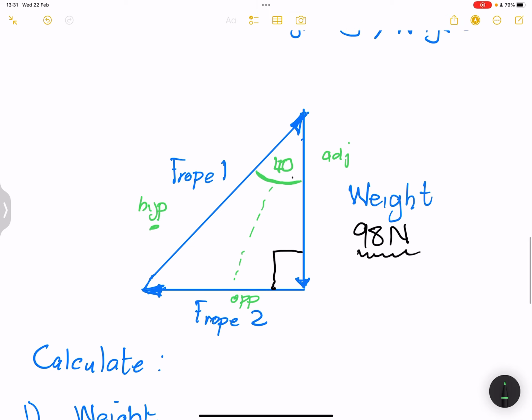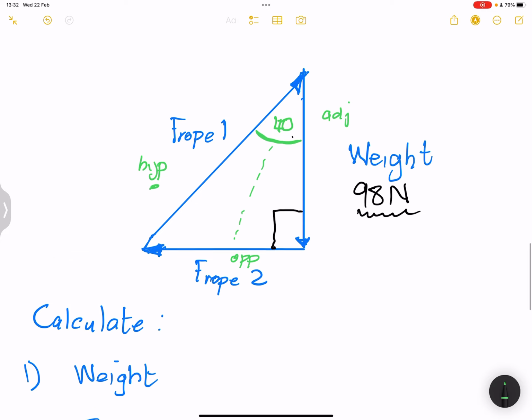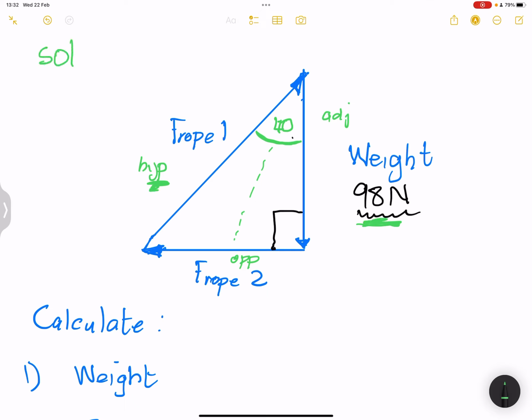Now we're looking for rope 1. So rope 1, in this case, which side of the triangle is it? It's the hypotenuse. But now I'm also going to use a side that I already know, which is the adjacent. So which trig ratio has adjacent and hypotenuse? You remember the mnemonic, SOH CAH TOA.